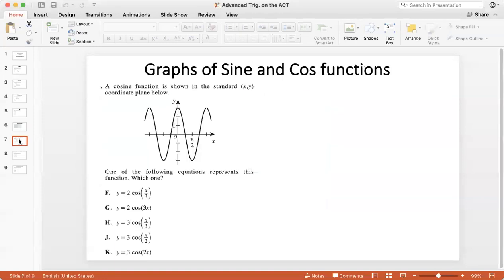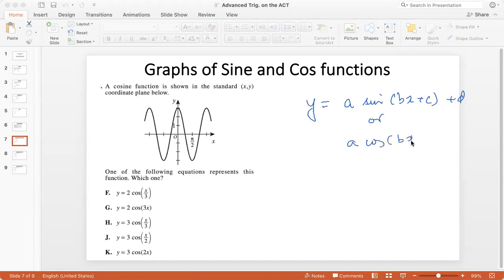Okay, then you're also tested on the graphs of the sine and the cos function. And while the general graph is given as a sine bx plus c plus d, or a cos bx plus c plus d, for the purposes of ACT, you should only look at a sine bx or a cos bx.